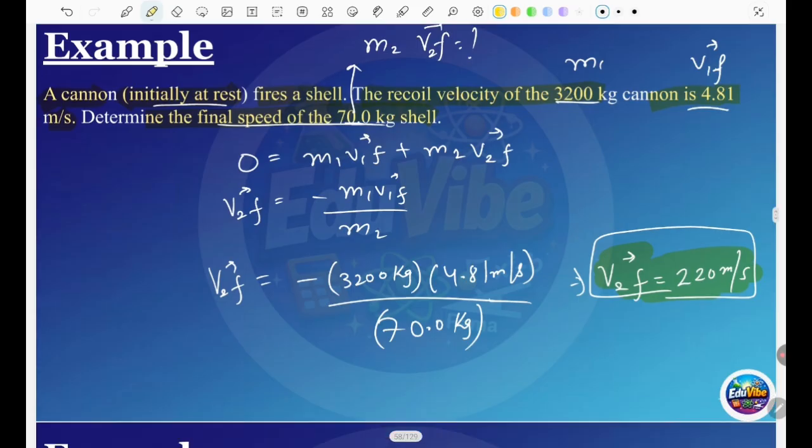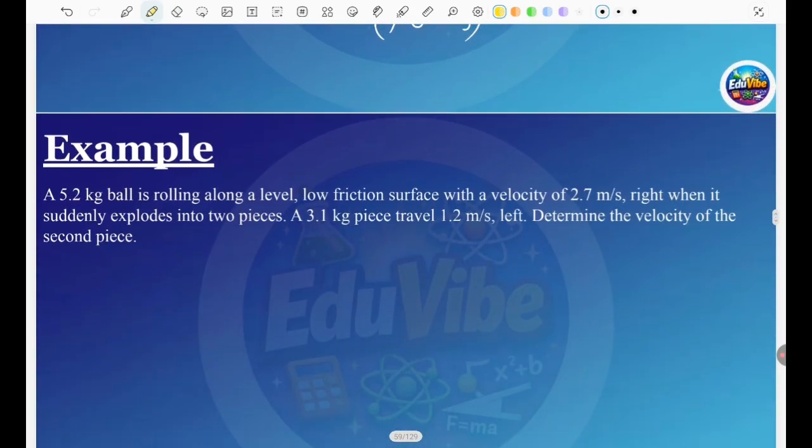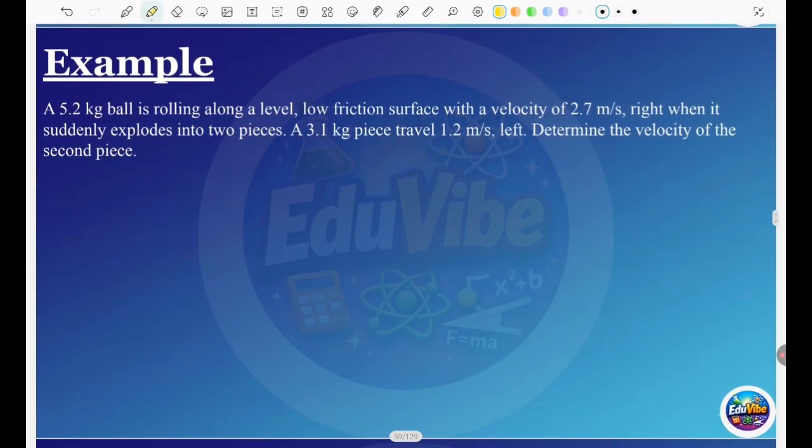But sometimes you get a more complex one like this. So how can we deal with it? Let's figure it out. The same formula will be used, but in a slightly different way. A 5.2 kg ball is rolling along a level, low friction surface with a velocity of 2.7 meters per second to the right when it suddenly explodes into two pieces.